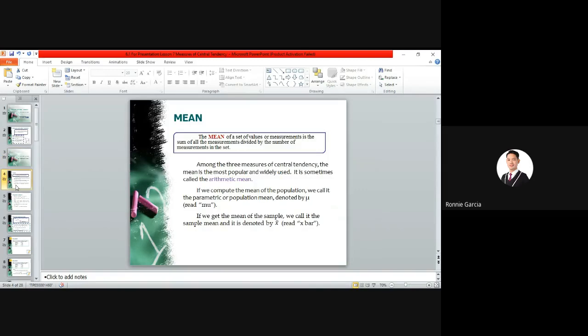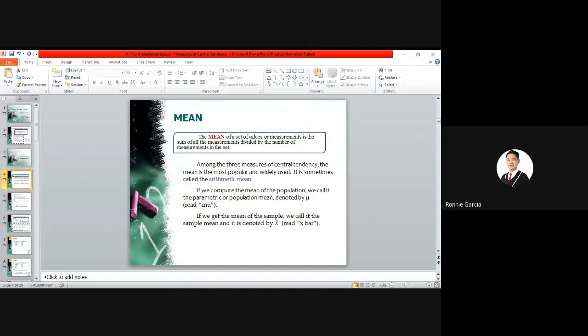So the mean is the first measurement of central tendency. This is actually known as the average. Ang layman's term nga average na ato ang gamit usually when we are getting the mean of, for example, our grades, the height of your classmates, and this is the very commonly used measure of central tendency sa research.